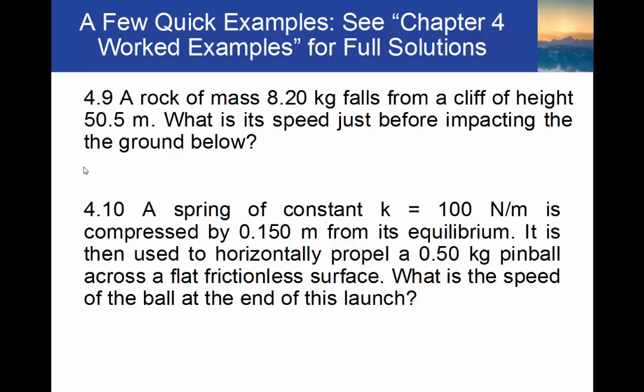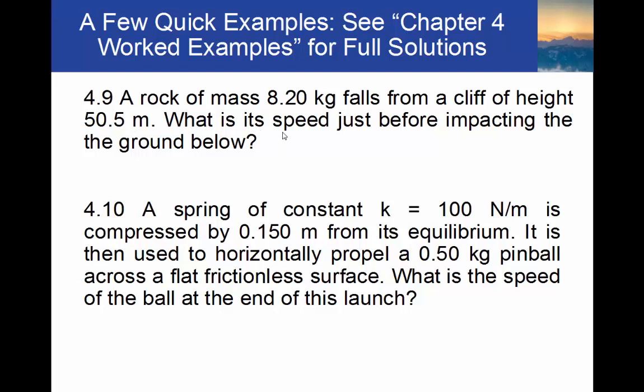I want to look at a couple of conservation of energy video examples now. First conservation of energy example. We're given a rock with some mass. It falls from the top of some cliff that's 55.5 meters high.